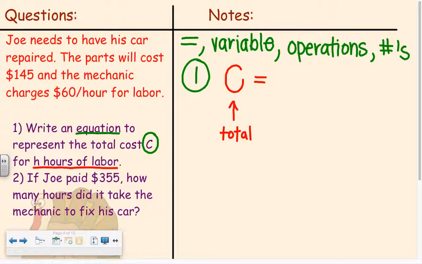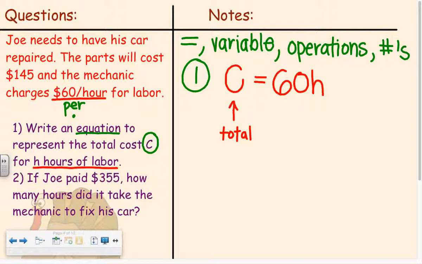It says the parts will cost $145 and the mechanic charges $60 per hour for labor. If I think of this as $60 per hour, per in math always means to multiply. So I need to take that 60 and multiply it by the number of hours. So 60H. And then I've got one more number left to use, that 145.